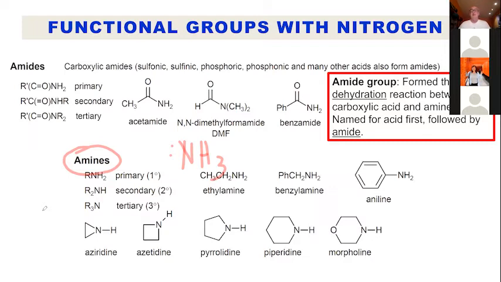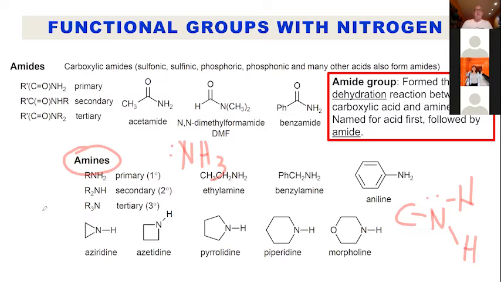But when amines attach themselves to organic compounds, they attach themselves to a carbon. And so we have that bonding.